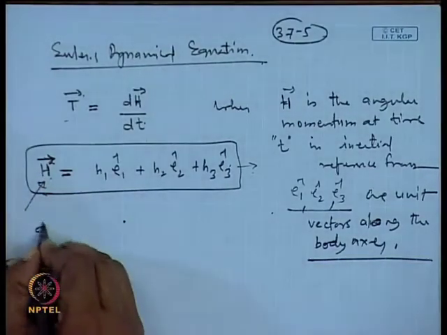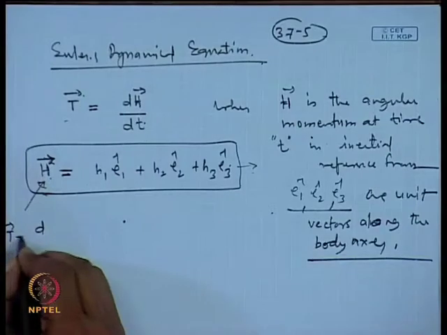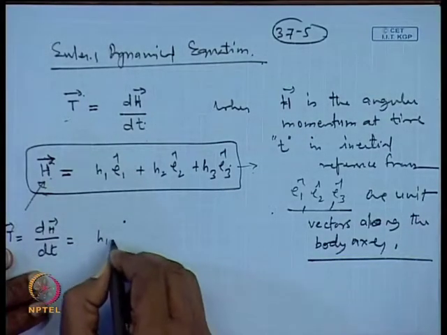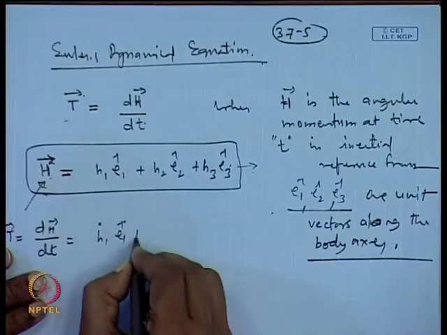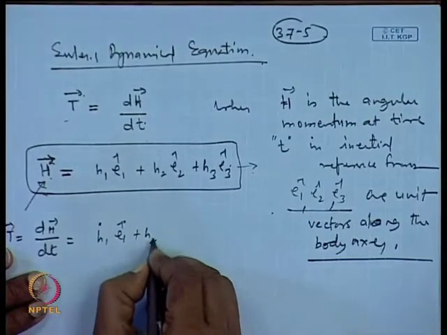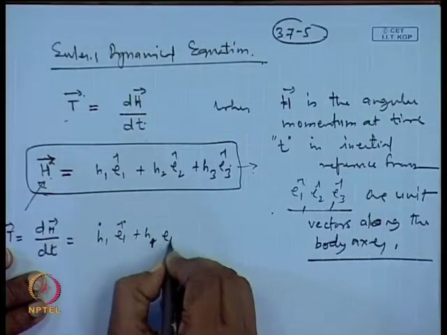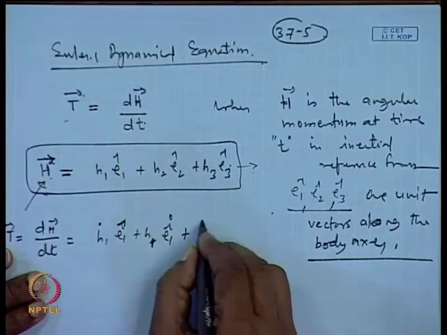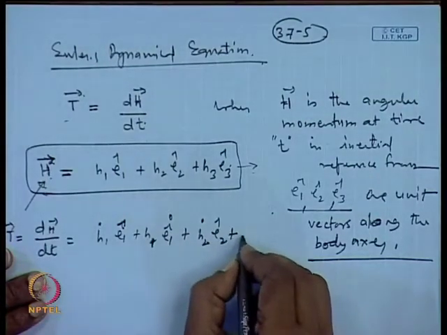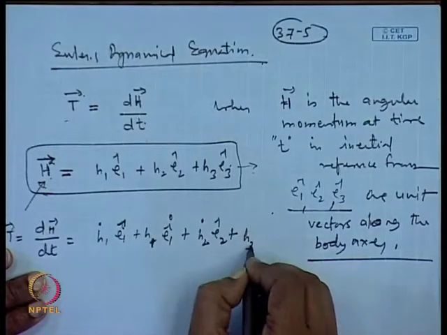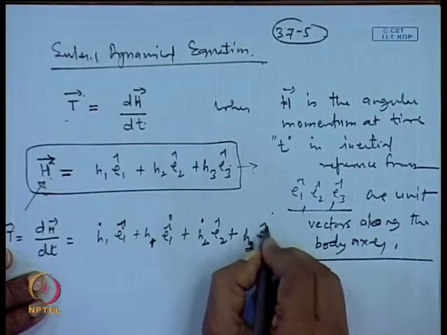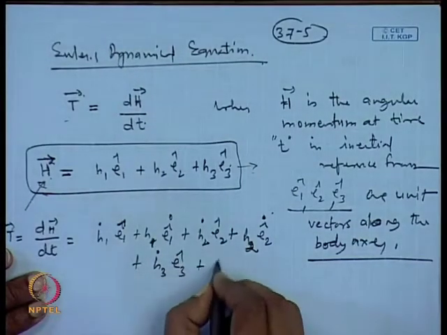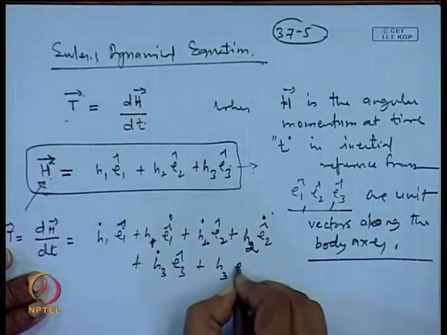So, if we differentiate this, we can write this as H1 dot E1 cap plus H1 times E1 cap dot plus H2 dot times E2 cap plus H2 times E2 cap dot plus H3 dot E3 cap plus H3 times E3 cap dot.